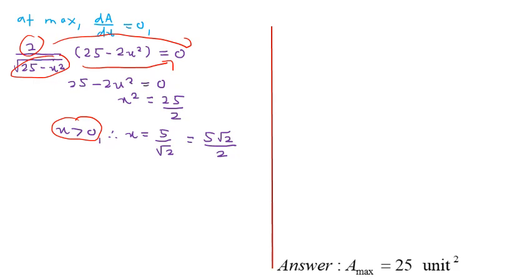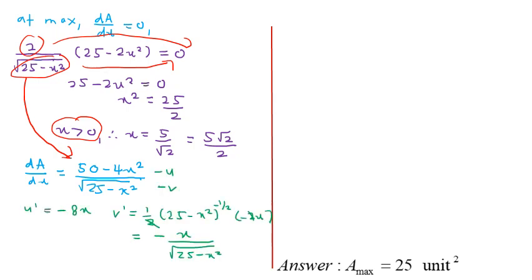So remember, you still have to find the second derivative. So remember, this is the first derivative. Previously I already expanded the top above here, so I already expanded and rearranged, so the dA/dx should be like this. Okay, I write in this form so that we can easily find u, v, and their derivatives. So we know above, 50 minus 4x squared is u, and then 25 minus x squared is v.